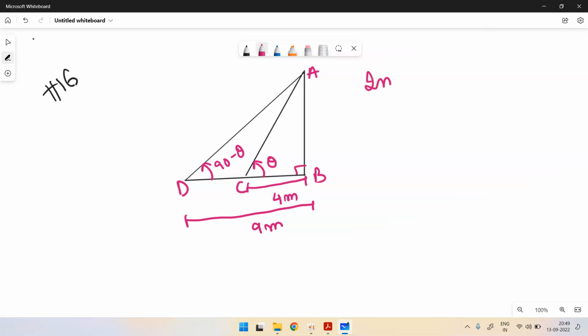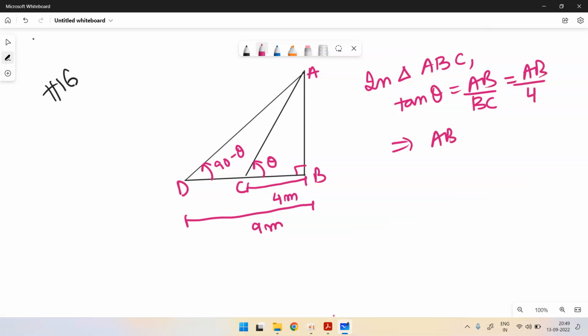So in triangle ABC, what is tan of theta? Tan of theta is AB by BC, which is AB by 4, which implies that AB equals 4 tan theta.